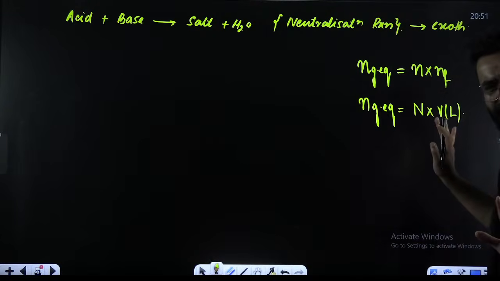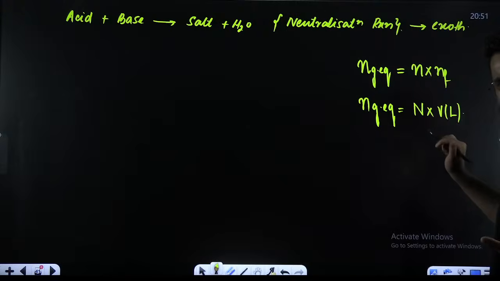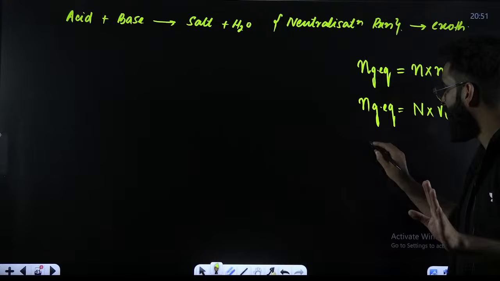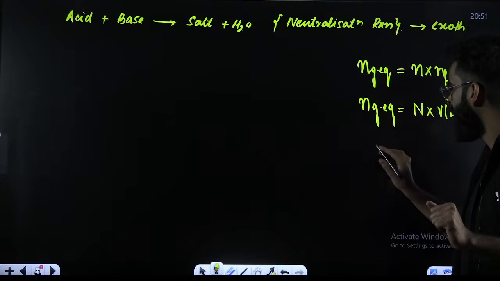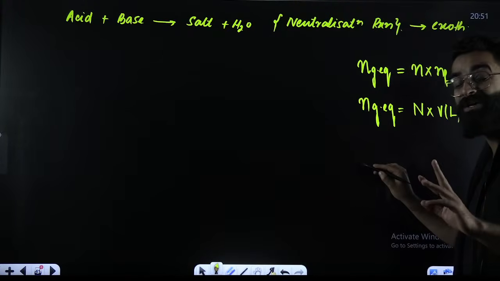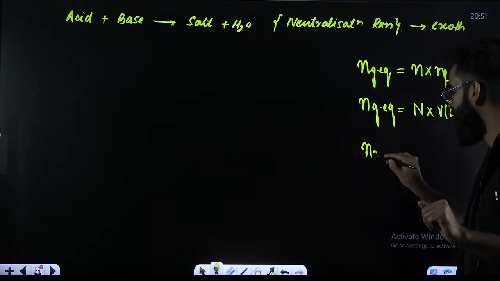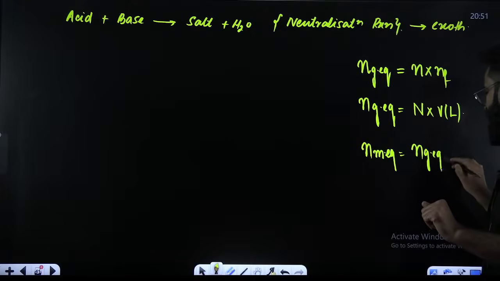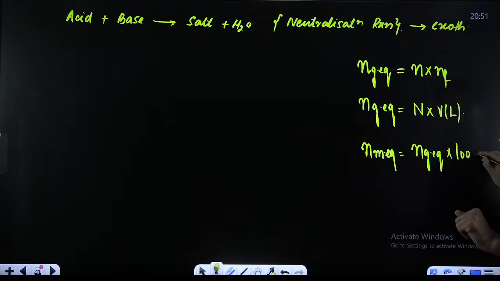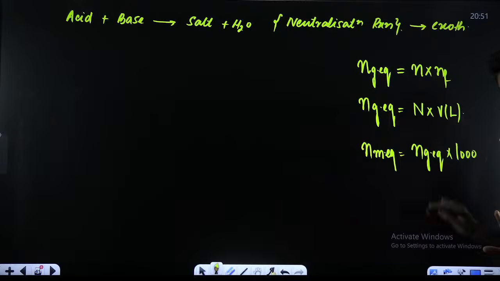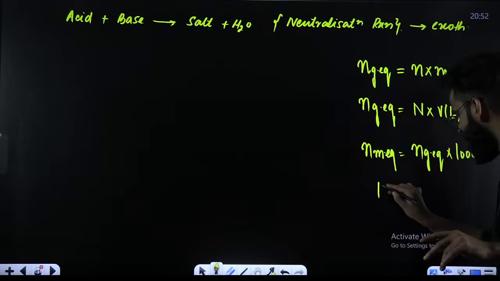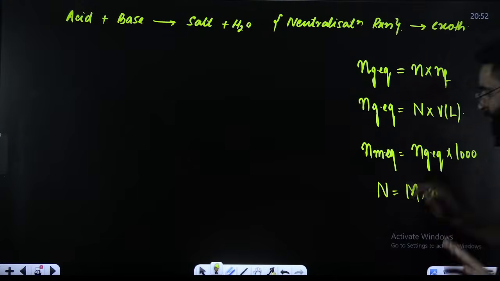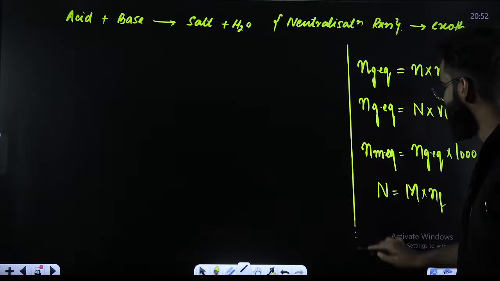Just remember them directly for now. Now, what is the relation between milli equivalents and gram equivalents? Number of milli equivalents of a substance is equal to the number of gram equivalents of the same substance multiplied by 1000. Next result: normality is always equal to molarity multiplied by N factor. Just remember these results.